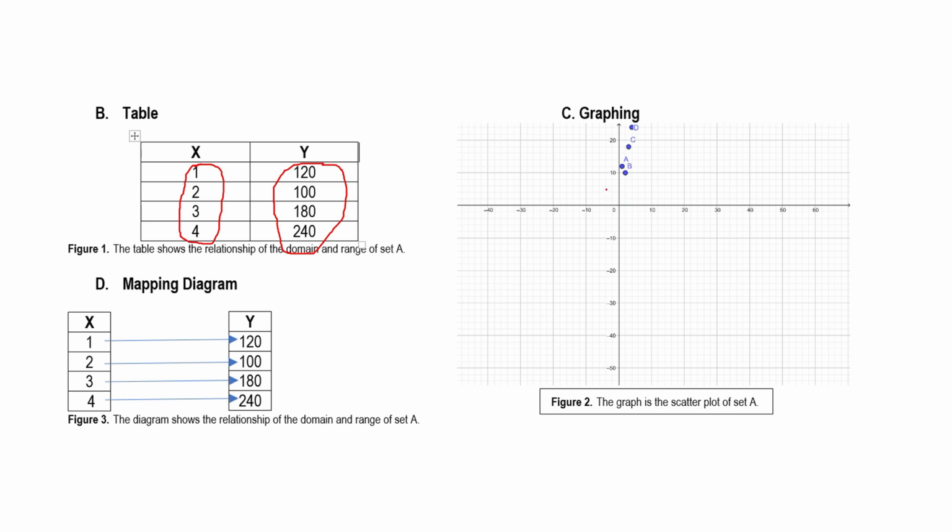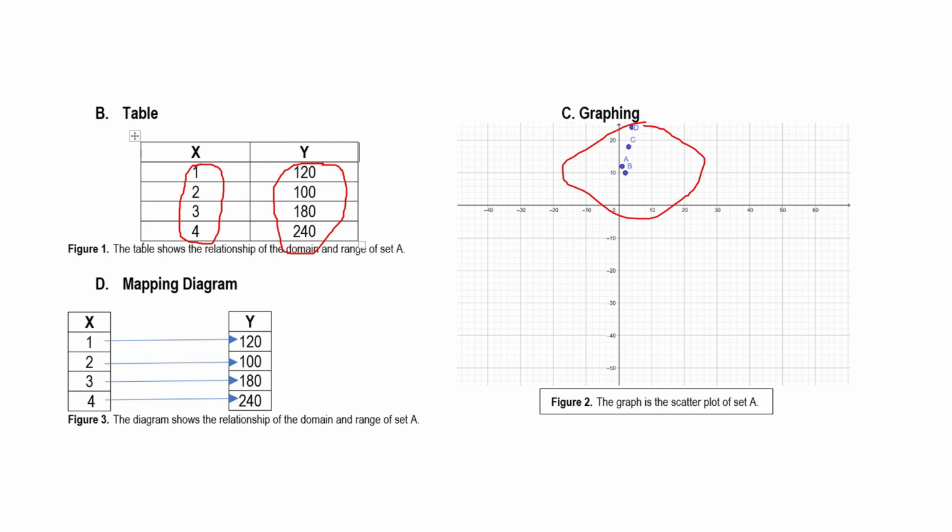And then 12, 10, 18, and 24 are the range. So this graph is still a representation of a relation.